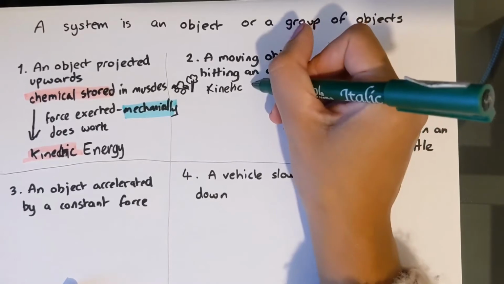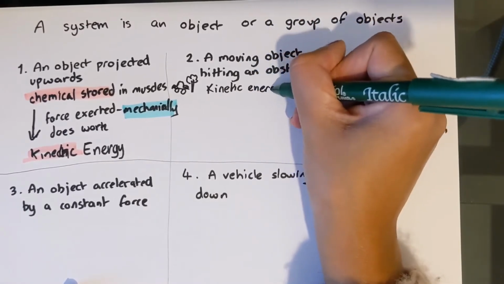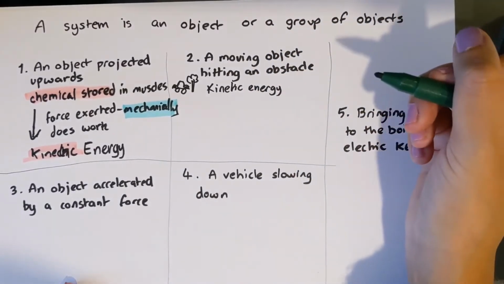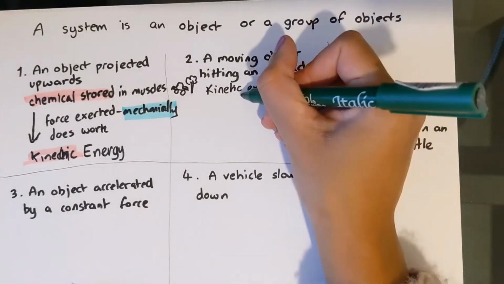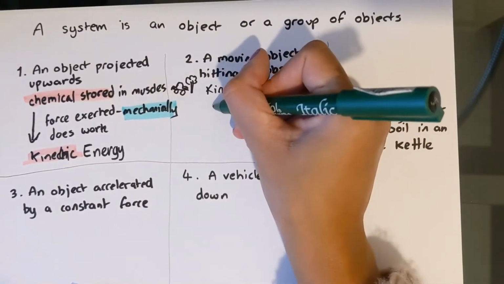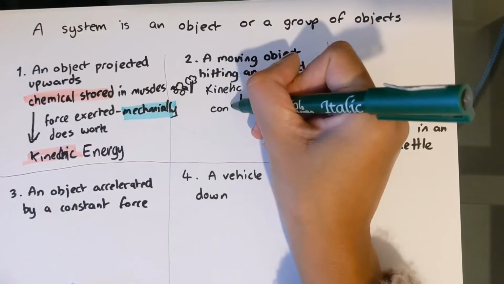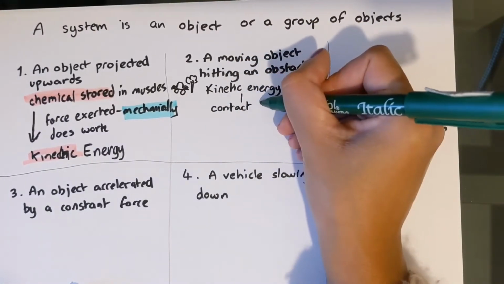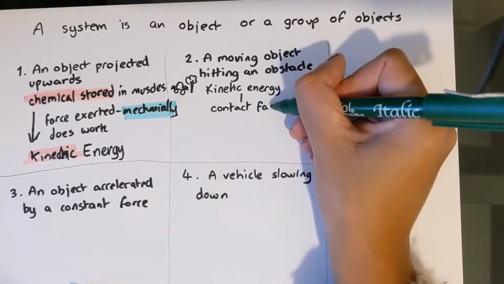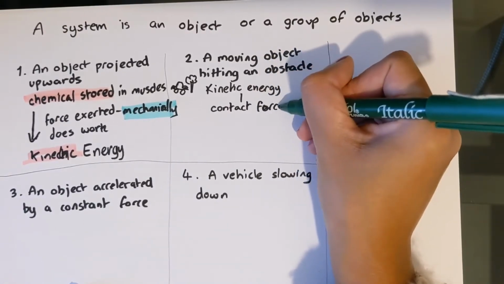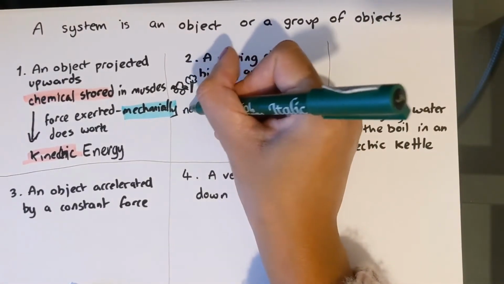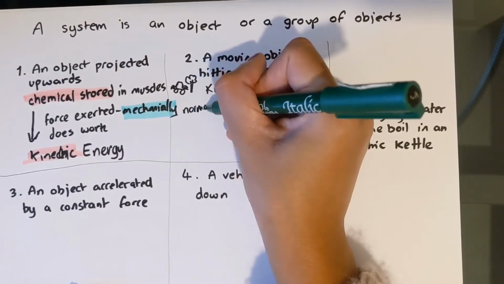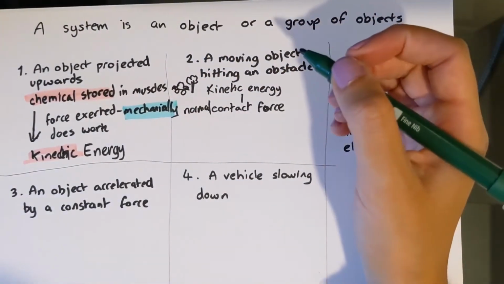Yeah, so the kinetic energy is stored. It's then going to hit the tree with a contact force, so that's force, isn't it? So the clue there is there's a force going on, that's going to be mechanical then, isn't it? It's a normal contact force, yeah, Newtonian physics, normal contact force.